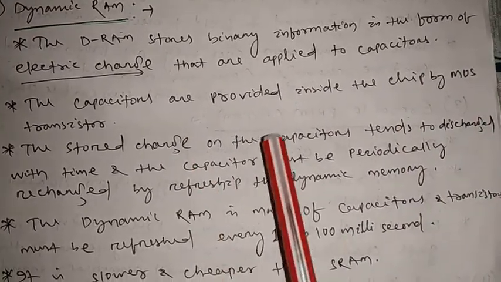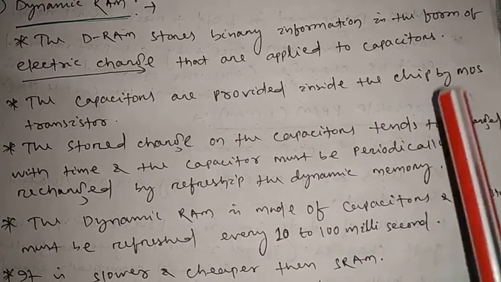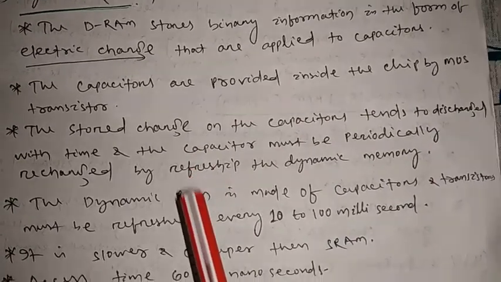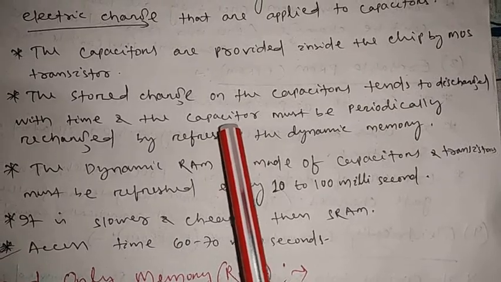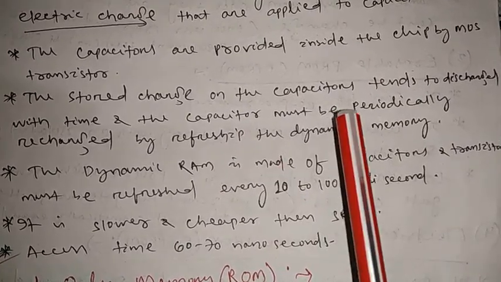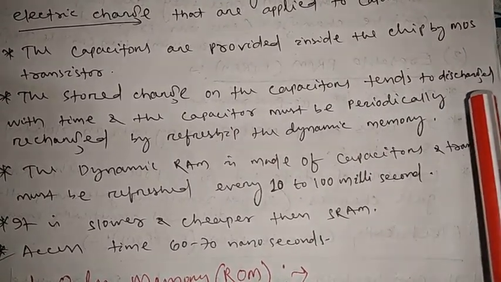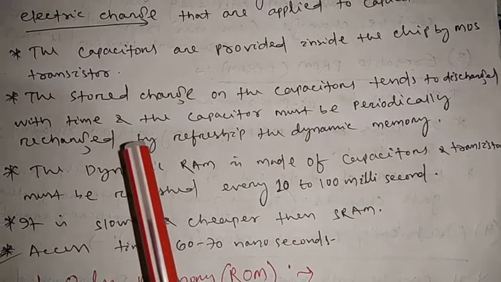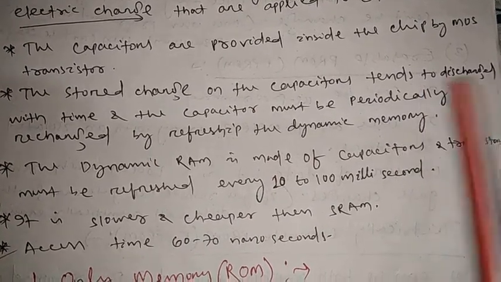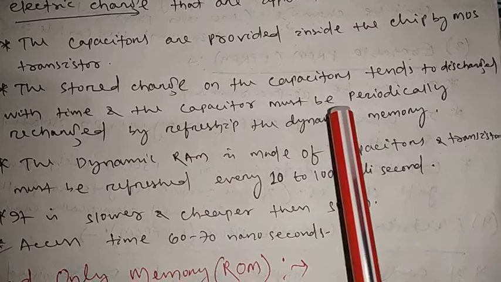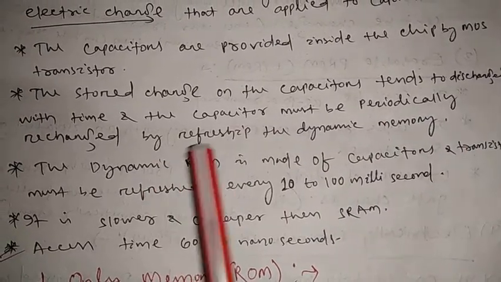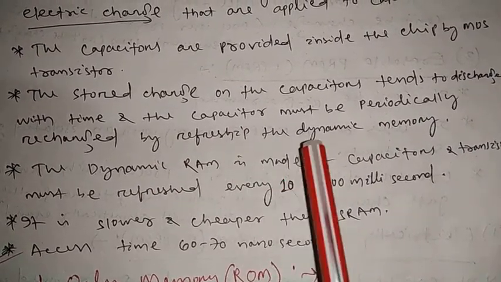The capacitors are provided inside the chip by MOS transistors. Next, the stored charge on the capacitor tends to discharge with time, and the capacitor must be periodically recharged by refreshing the dynamic memory.